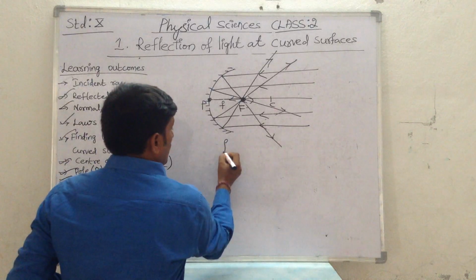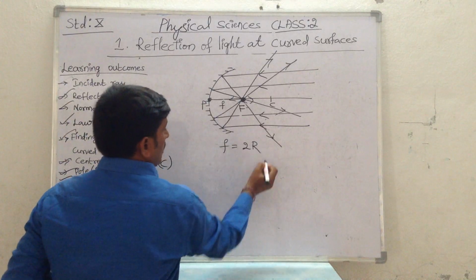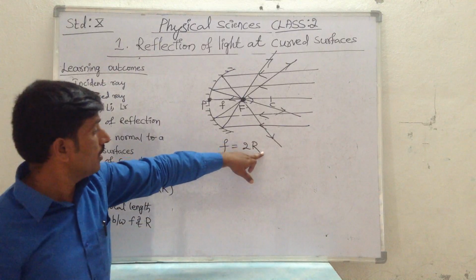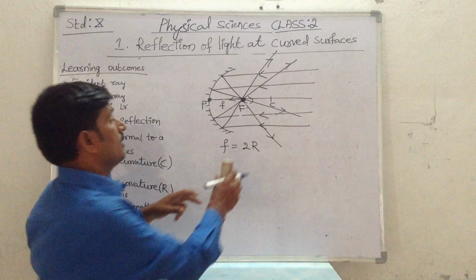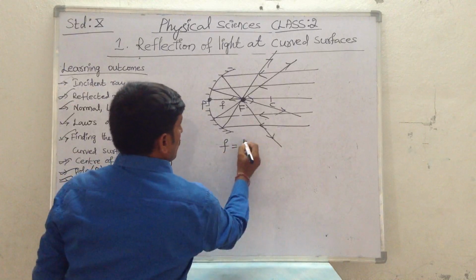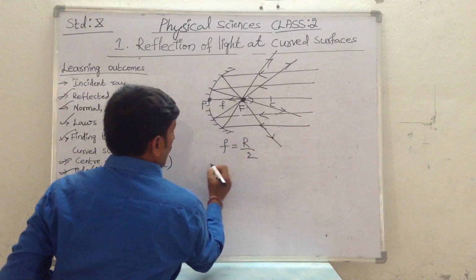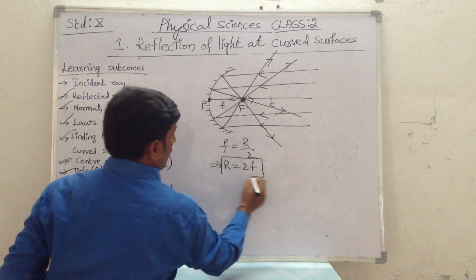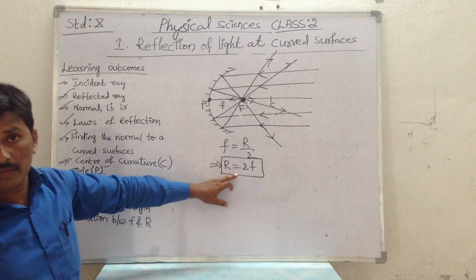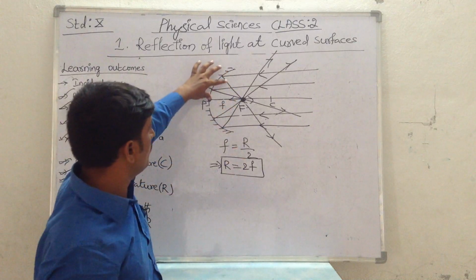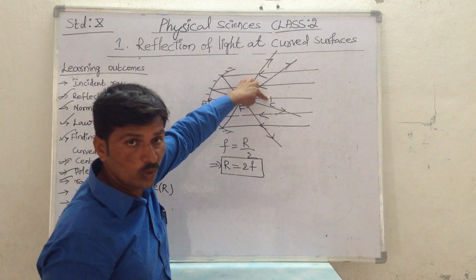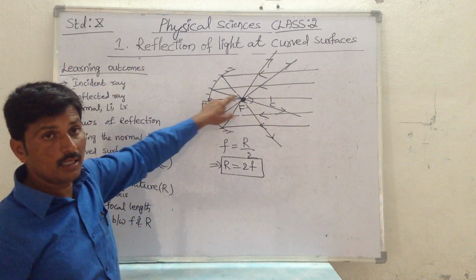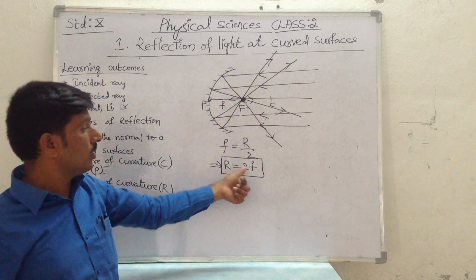Just now we defined the radius of curvature as the distance between the pole and the center of curvature. The relation is that the focal length is equal to R by 2, half of the radius of curvature. That is, R is equal to 2f. The radius of curvature is twice the focal length.